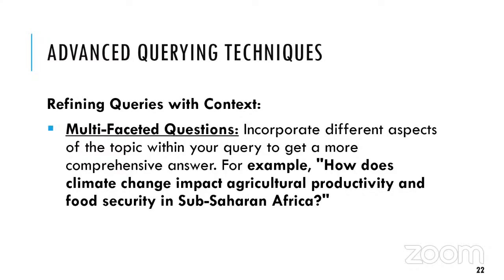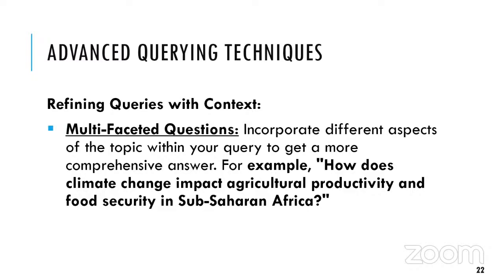Another one is multifaceted questions. This also means that you may at some point incorporate different aspects of the topic within your query so as to get a more specific and comprehensive answer.